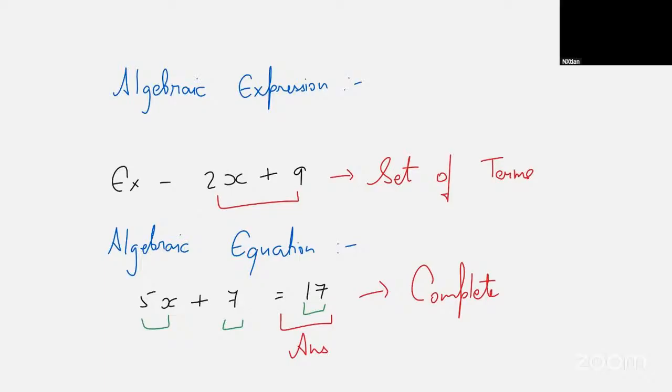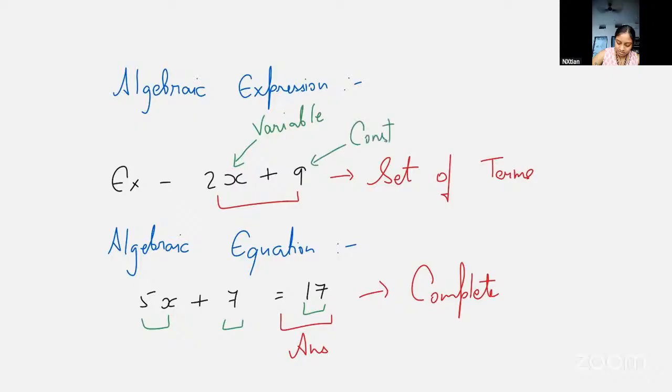In 2x, x is the variable, 9 is the constant, and the number that is attached with the variable is called the coefficient of the variable. So 2 is what? Coefficient of x.